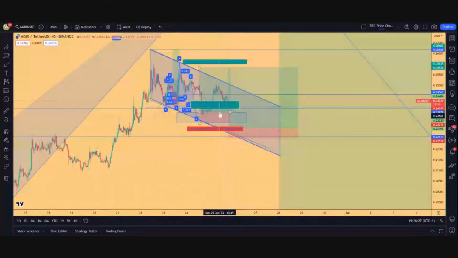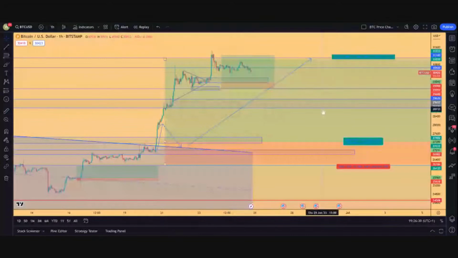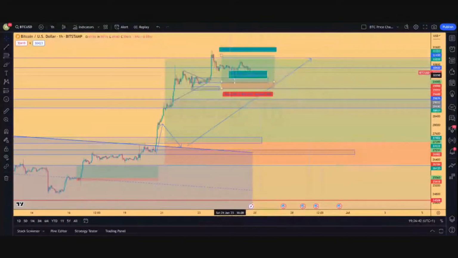But how fast or how bad it goes is going to be determined by BTC. BTC is already playing tantrums and moving down as well. We are not selling it because we missed the sell entry.